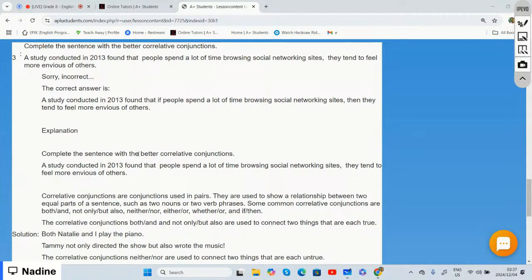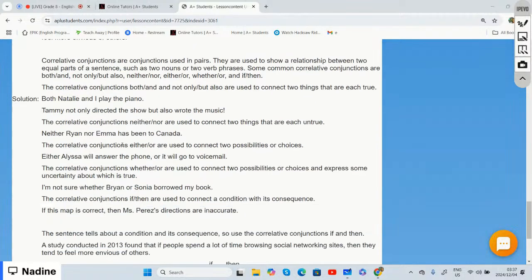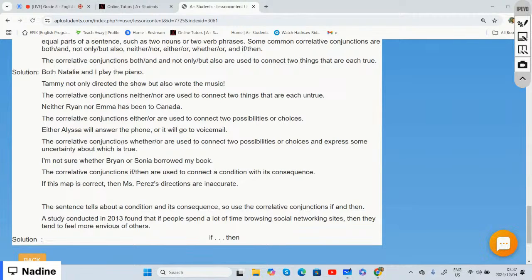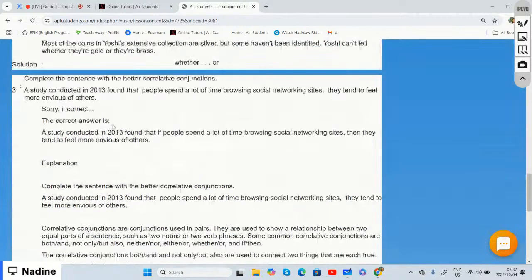If we choose the correct option, here we need to add if.